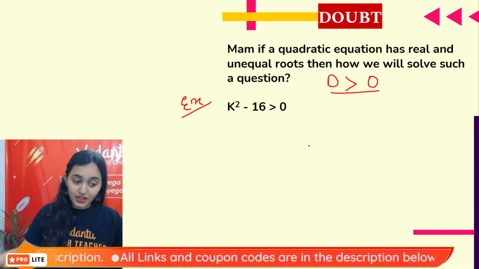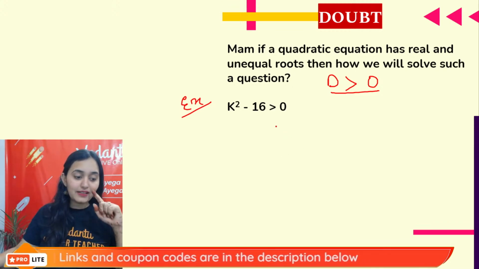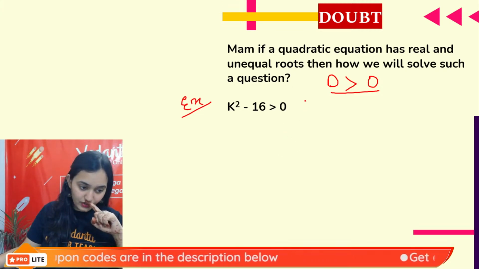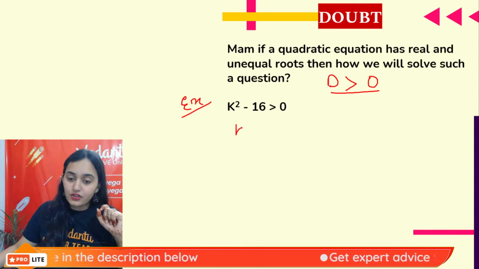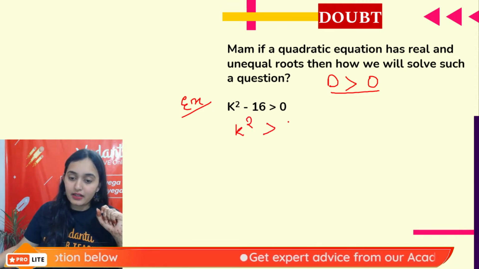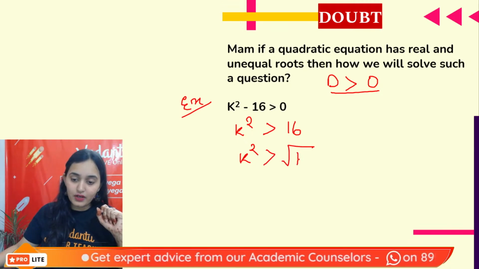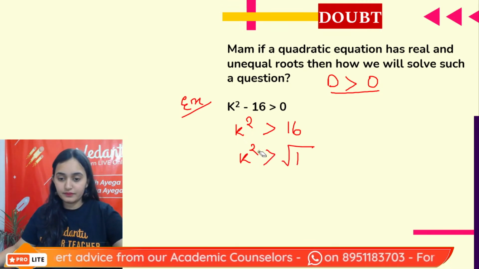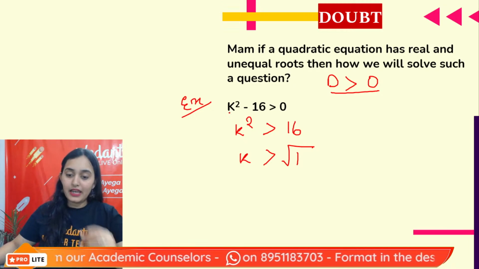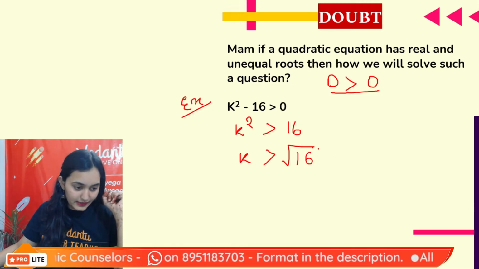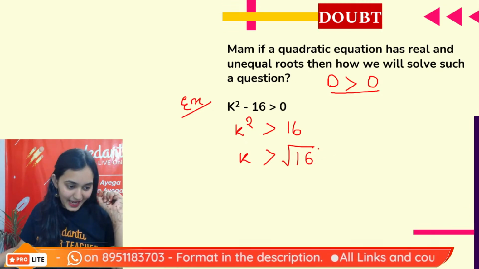So, if in your question it is given that k square minus 16 is greater than 0, okay, first you solve it. K square will be greater than 16. K will be greater than root over 16. Yes.